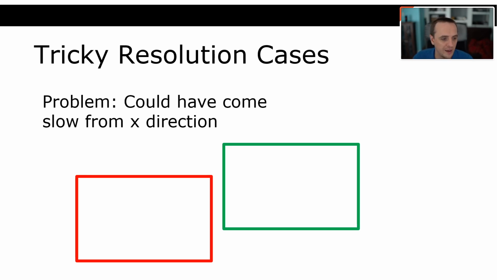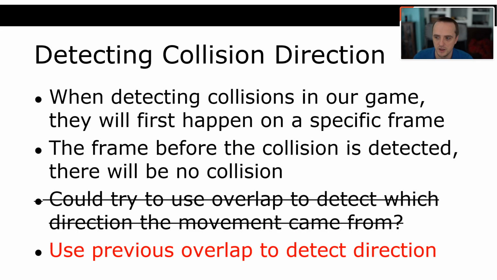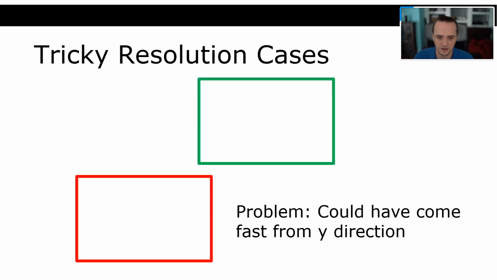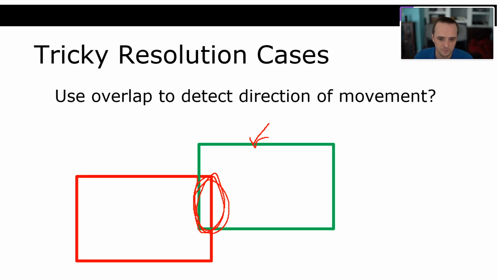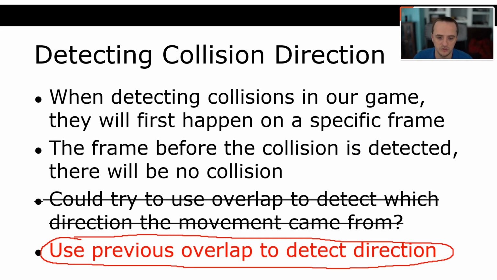One of the ways that we can solve this problem is to use the previous overlap to detect the direction. Because if all we have is the overlap, with an X and a Y component, then we can't tell where it came from. So what we can do is use the previous overlap. And I'll talk about other ways of doing it later, but I'm just going to use this for now.